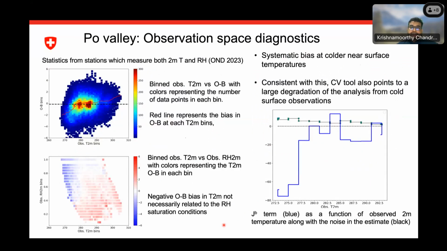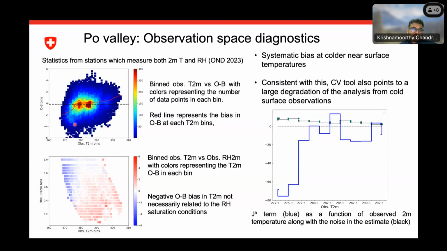So then we went on to do the diagnostics in the observation space, where we collected all the O-B over the 3-month period from the actively assimilated surface stations, some 38 odd stations around the Milan radiosonde. What is plotted in the first plot on the left is the binned values of O-B with the binned T2 meter values.